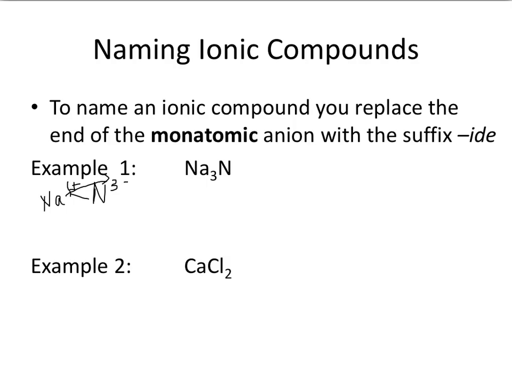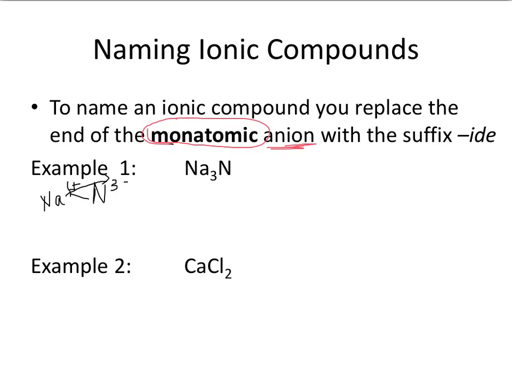We're going to be reviewing that more today, but this lesson is moving into how to name an ionic compound. When we are looking at something that is monatomic, mono means 1, so we're looking at 1 atom that is our anion.